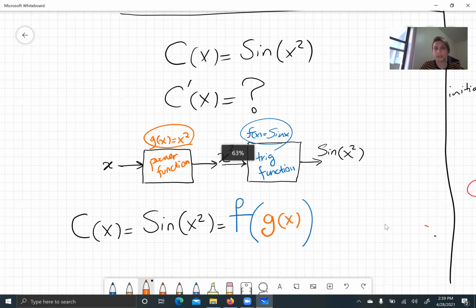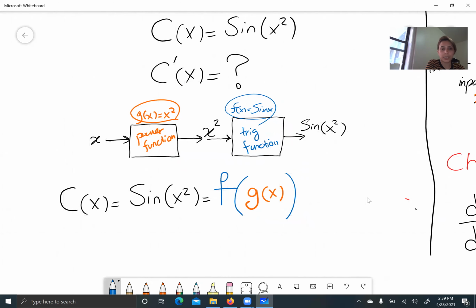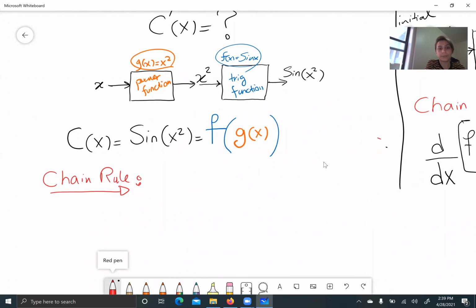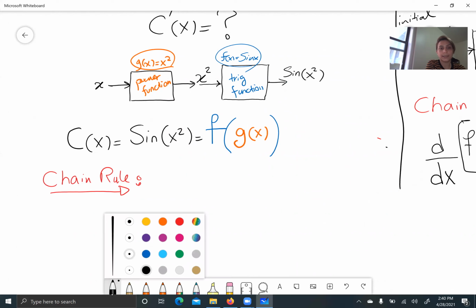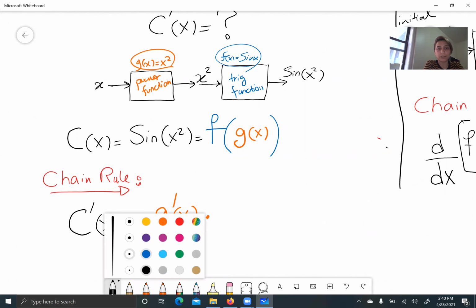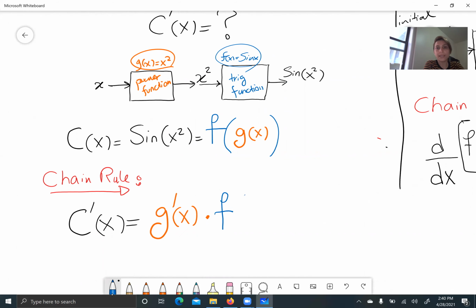Now we can apply the chain rule. What does the chain rule say? It says if you have a composition of two functions, then the derivative of this composition is going to be the derivative of the first function, g prime of x, multiplied by the derivative of the second function, f prime, at its input value, which is g of x.